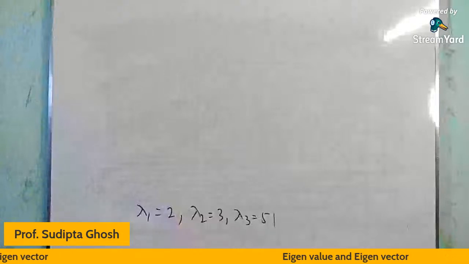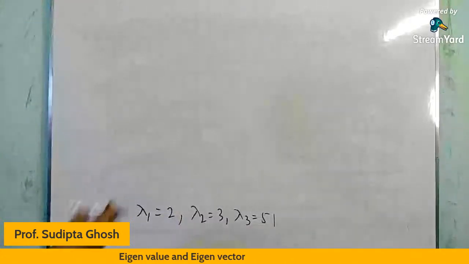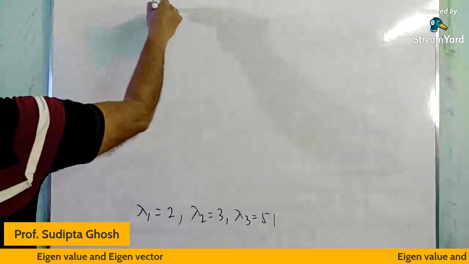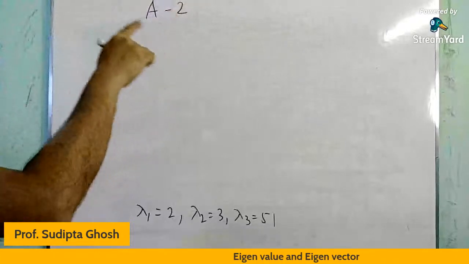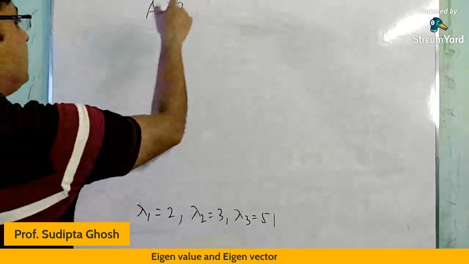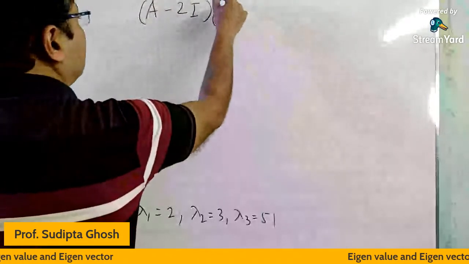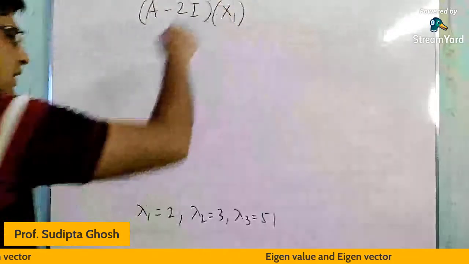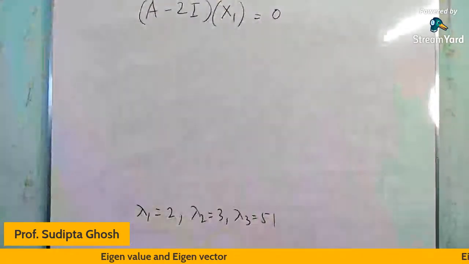When lambda 1 equals 2, let the eigenvector be x1. That means we have to write A minus lambda I. By putting lambda equals 2, it will be A minus 2I into x1, and it will be equal to 0.